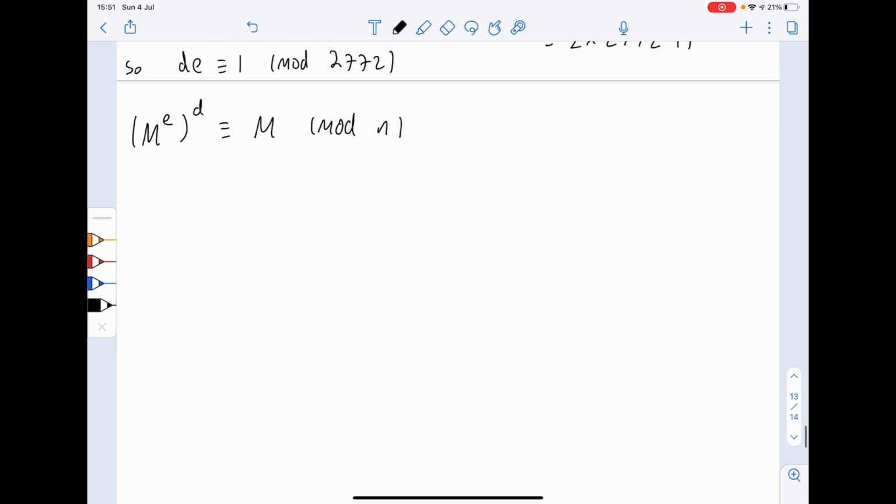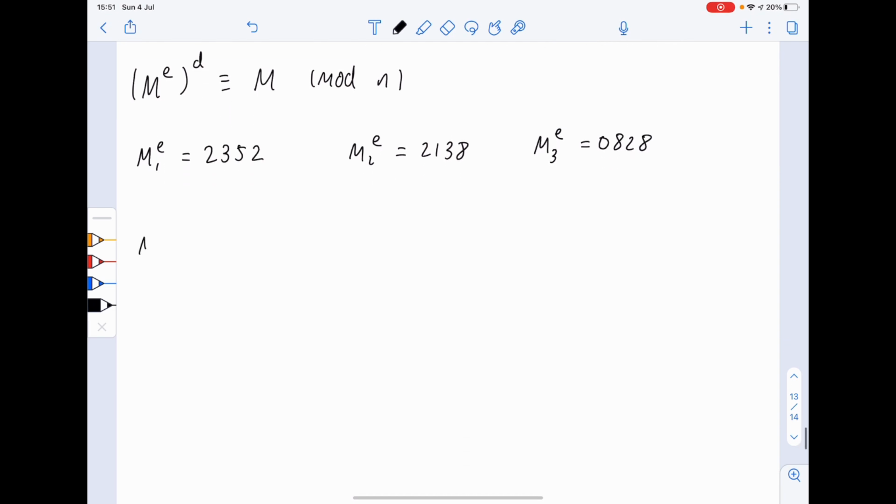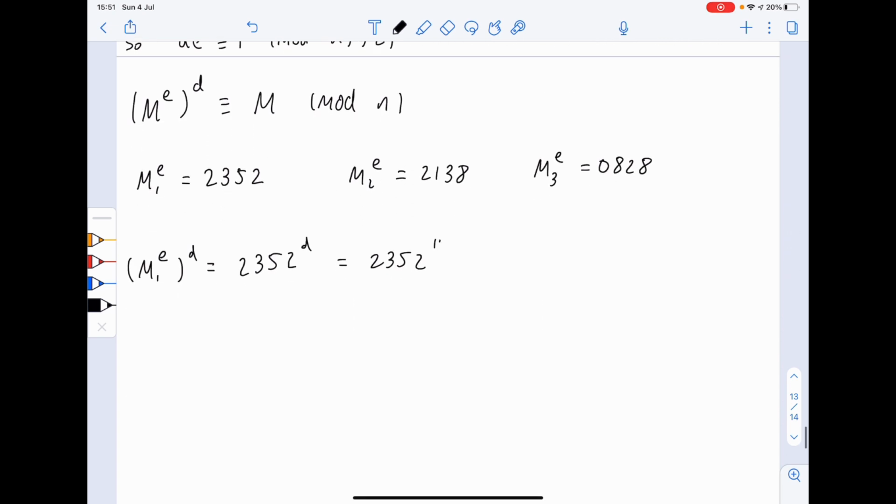So now we can actually do some calculations. Alice publishes. We know that M1 to the E is 2352. M2 to the E is 2138. And M3 to the E is 0828. So then we can calculate M1 to the E to the D is 2352 to the power of 1109, which is, of course, a massive, massive number.